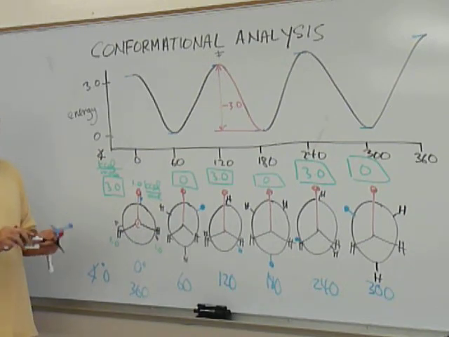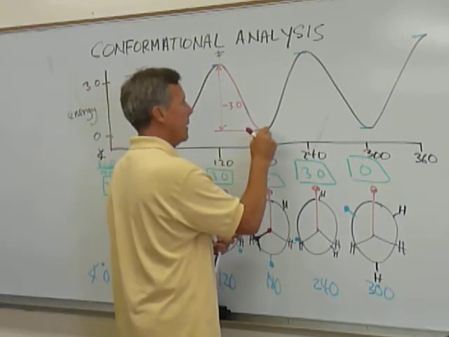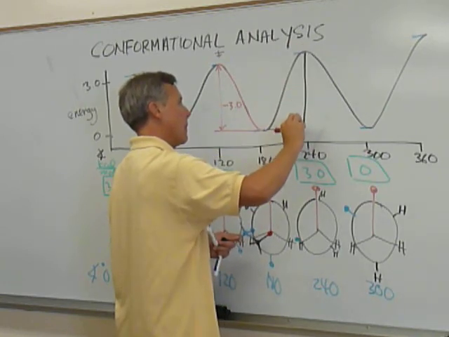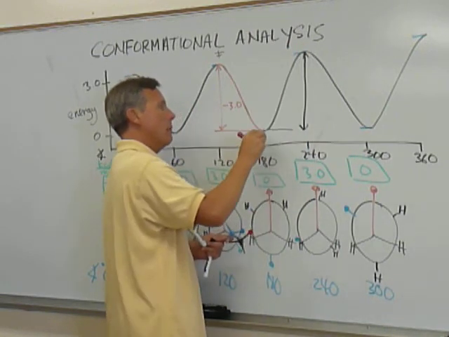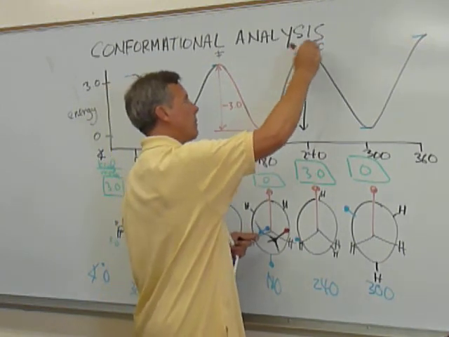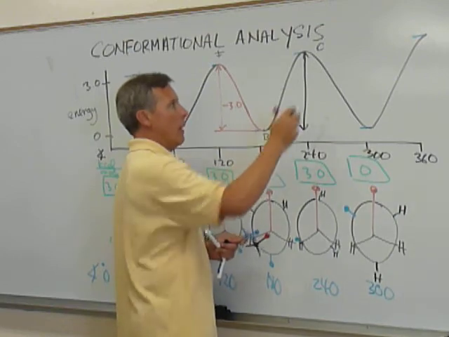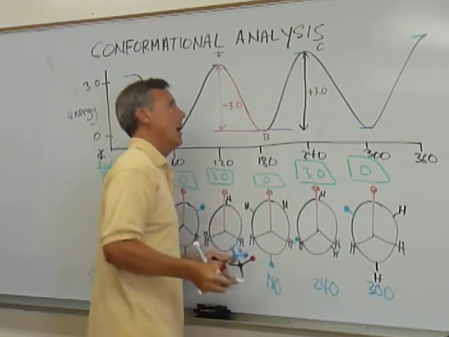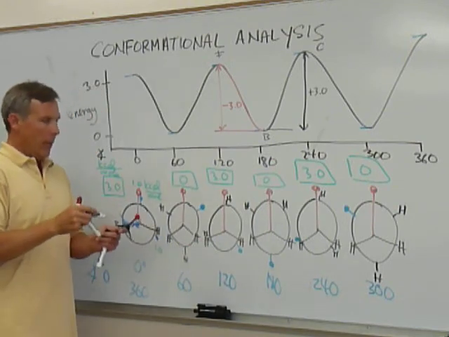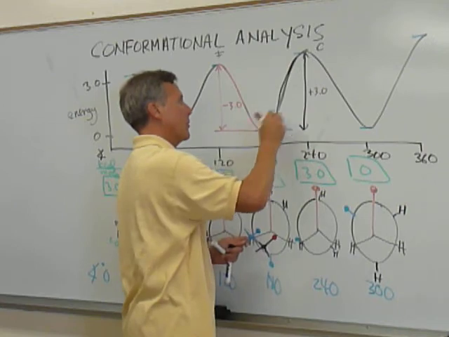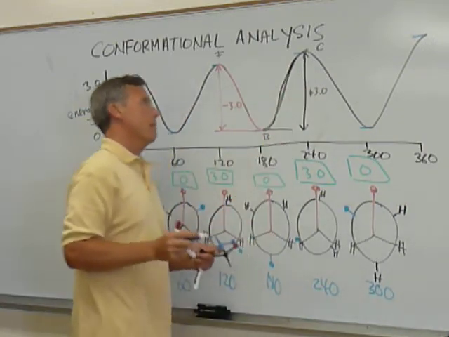If I were to go up in energy, going from point B to point C, that would have an energy value of a positive 3 kcal per mole. And so when we go up in energy, we understand the energy difference is going to be positive.